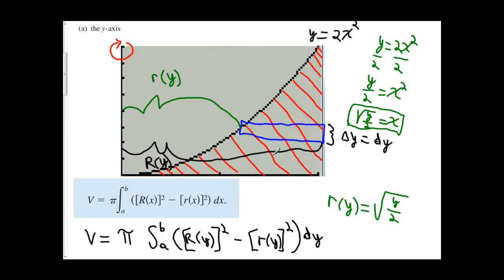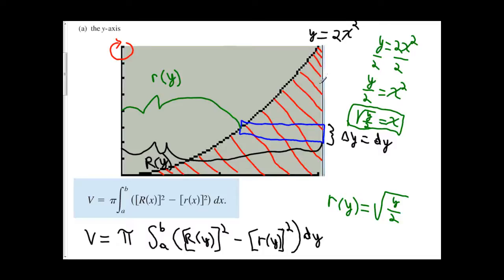Now, the capital R of y is a constant height. If you notice, no matter which rectangle you draw, the extreme right of the rectangle is always at this vertical line here, and this vertical line is the vertical line x equals 4.